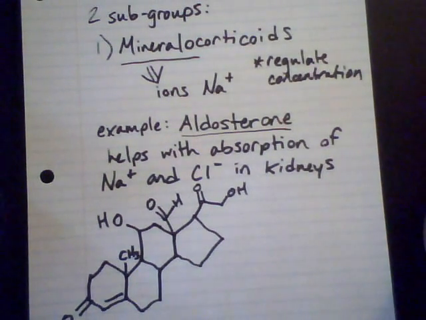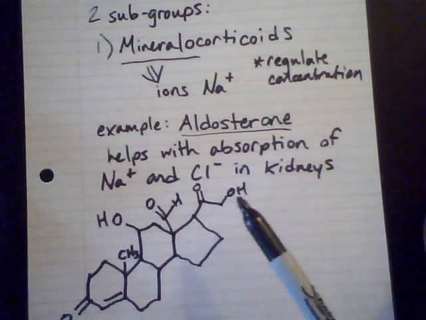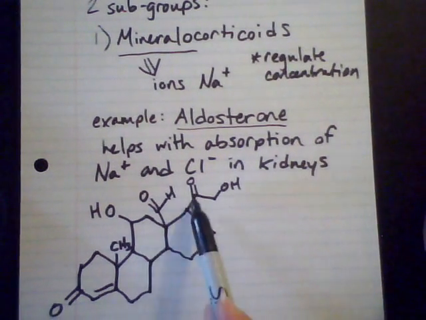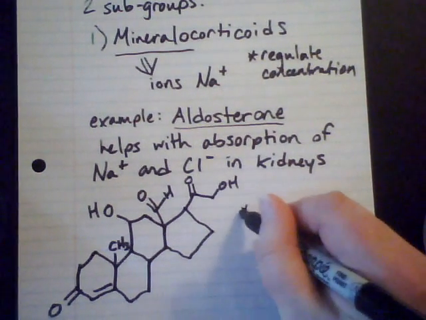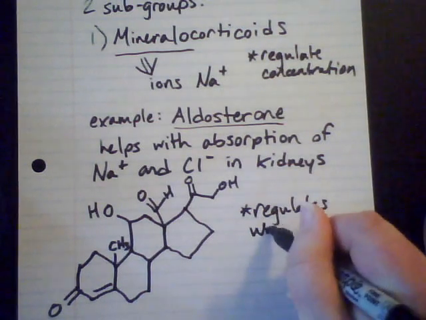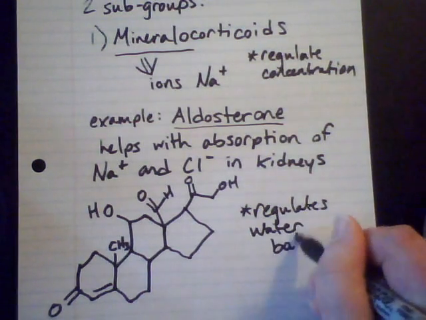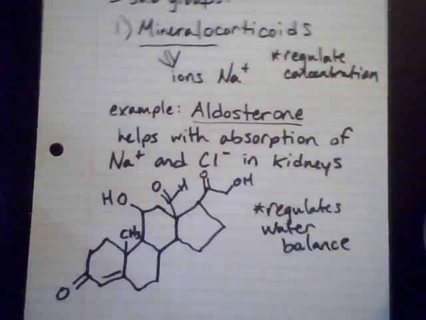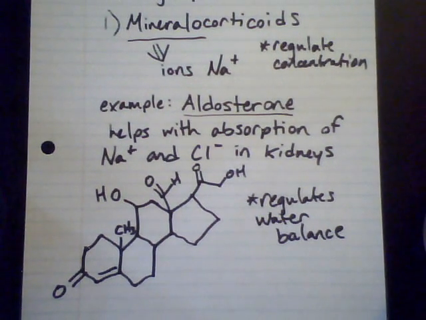Aldosterone. One of the things that it does is help with the absorption of sodium and chloride, like I mentioned, but the way that it does this is by regulating our water balance. So if you've ever heard of reabsorbing water, right? So you're really dehydrated and you say, oh, well, I'm not going to drink more water, I'm just going to reabsorb the stuff that's in my body, kind of jokingly, right?